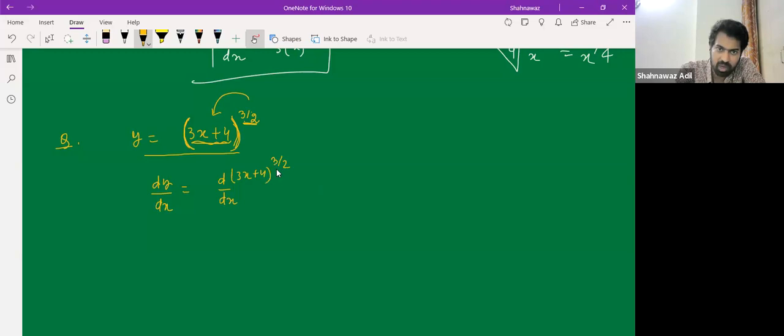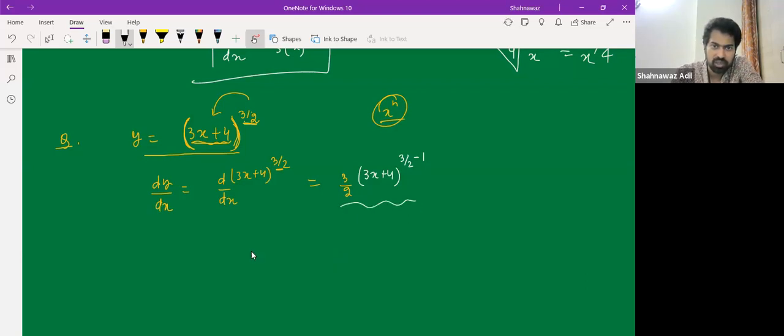First comes the power law: 3 by 2 times (3x plus 4) to the power 3 by 2 minus 1. The power part is done. Now what is left? This inside function is left. So now we will use another differentiation, of the inside one.